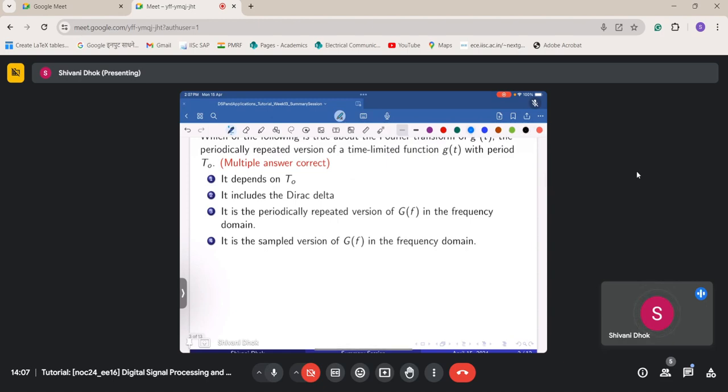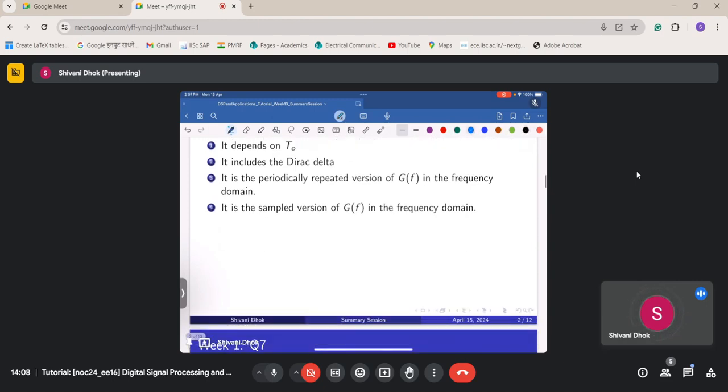What is given to us is some signal g(t), which has its Fourier transform G(f), given by the integral from minus infinity to infinity of g(t) e to the power minus j 2 pi f t dt.